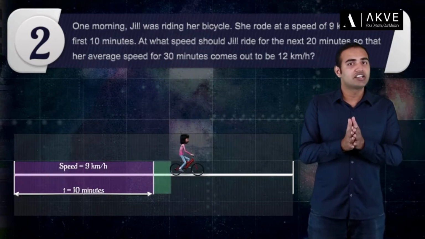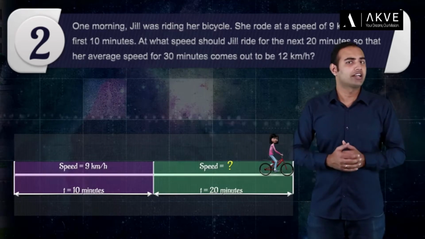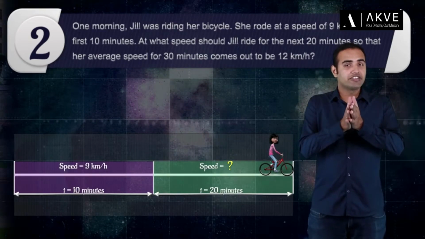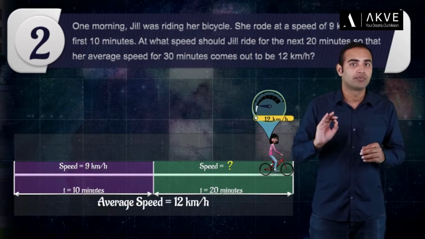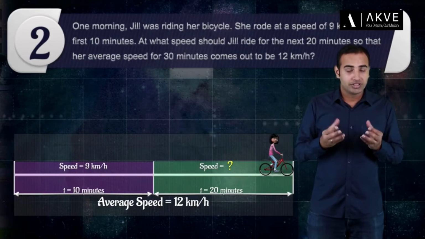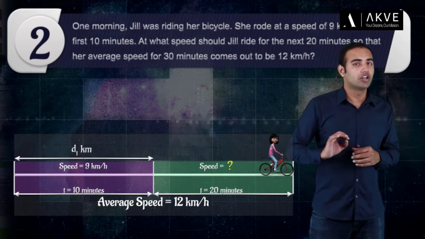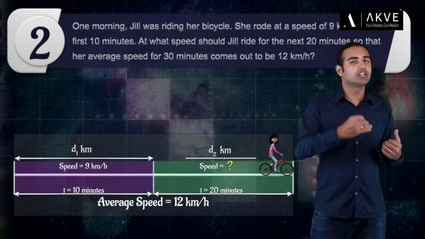After that, Jill traveled for the next 20 minutes at an unknown speed. Let's represent that in the diagram as well. And finally, the problem says that the average speed for the entire journey came out to be 12 kilometers per hour. So here, let's assume that the distance traveled by Jill in the first part of her journey was d1 kilometers, and the distance traveled in the second part was d2 kilometers.